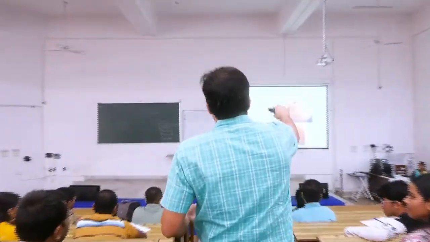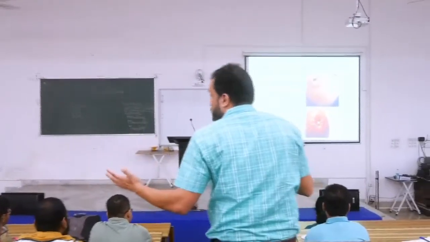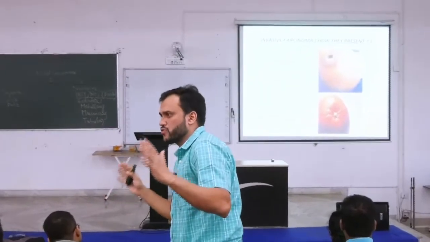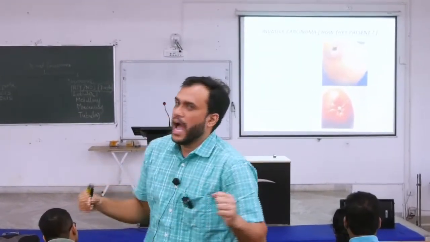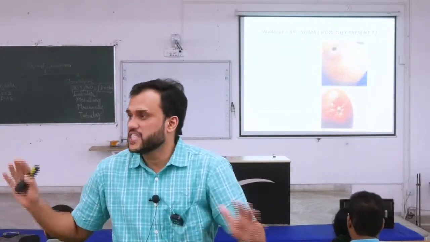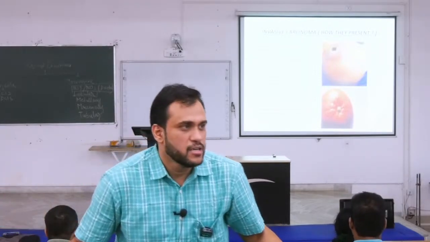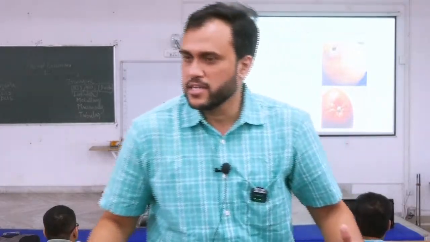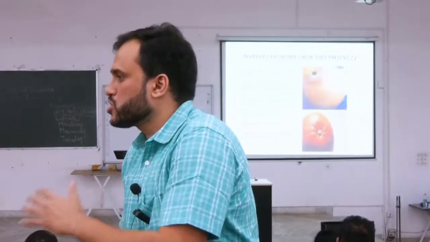And by the time a lesion becomes big enough to be palpated, 50% of it has already metastasized to the lymph node. And once metastasis takes place in the lymph nodes, the prognosis becomes more and more dismal. Remember that. Do you understand what that means? If there is metastasis, the prognosis becomes poor.